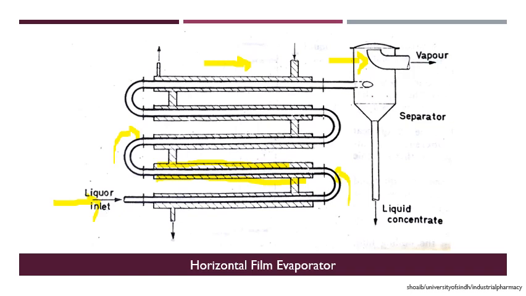Here is the steam inlet and here is the steam outlet. In this vessel, again similarly, there is a separator which will separate the vapors, which will be collected separately, and from the downside the product will be collected separately as a liquid concentrate.